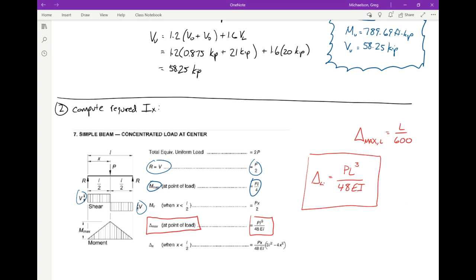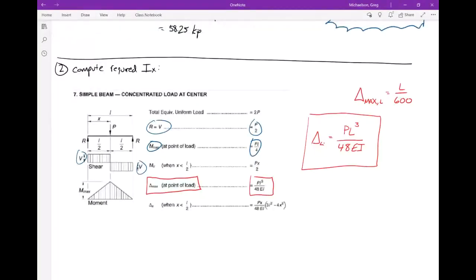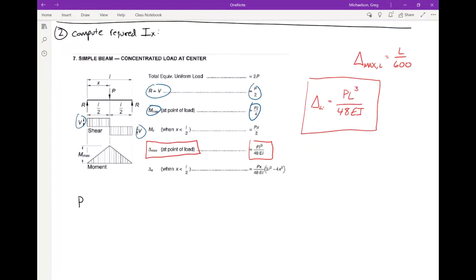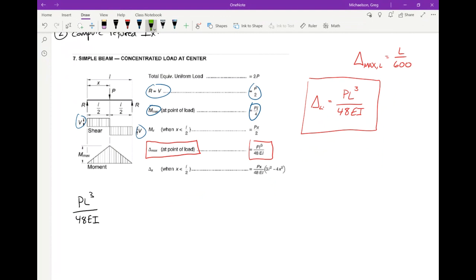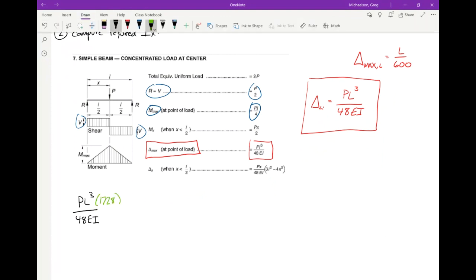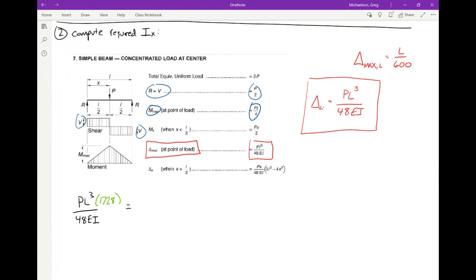How this is going to work is I'm going to solve for I. So PL cubed over 48 EI, and don't forget we're also going to include a 1728 here, is equal to L over 600.